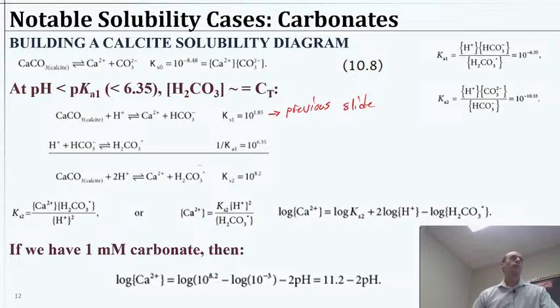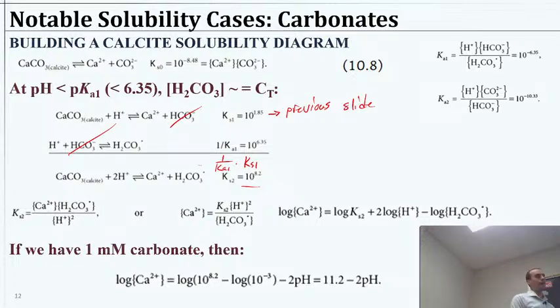Going to do the same reversal and addition such that the bicarbonates will cancel, and this is going to be 1 over Ka1 times that Ks1 we derived will give us this value, Ks2.